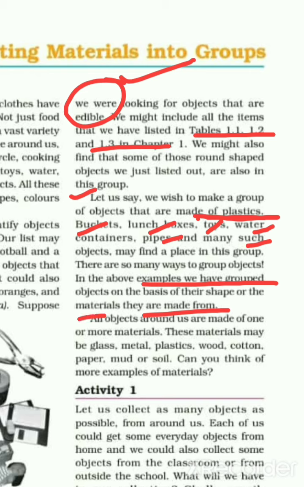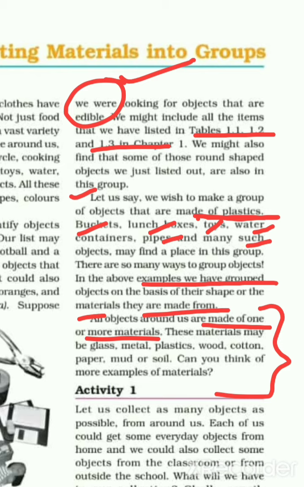All objects around us are made of one or more materials. These materials may be glass, metal, plastics, wood, cotton, paper, mud, or soil. Can you think of more examples of materials? So let's see. Suppose we take the example of dal. The dal is made up of more than one material or ingredient like pulses, water, salt, ghee, spices.